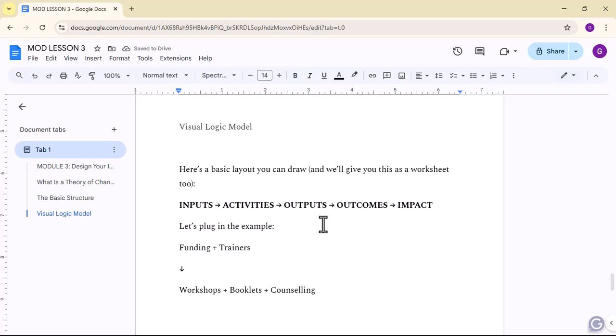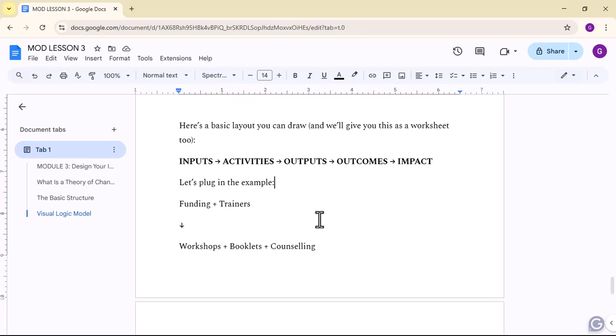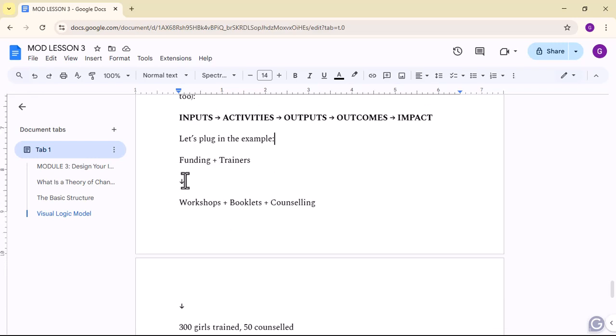So if you plug in an example like the example that we have above there, we see we are asking for funding and trainers, which are part of the inputs. Input: funding, trainers, 1 million funding. Still remember how we structure it.